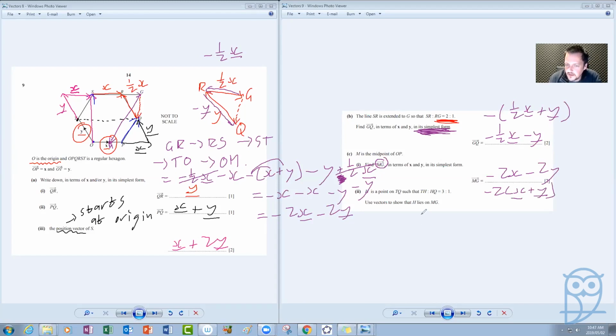Very happy. However, remember, I just worked out GM. The question asked me for MG. Very different question. And what is the change then going to be? The change is going to be the fact that it's not in a negative direction, it's in a positive direction.